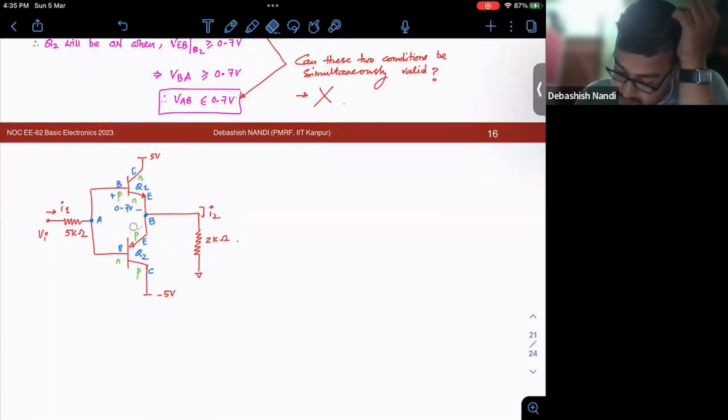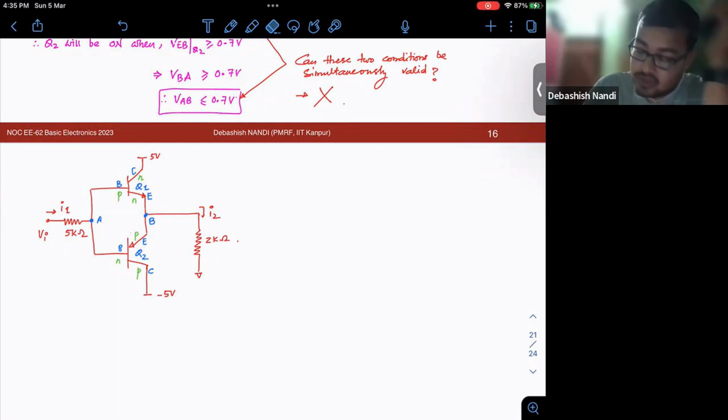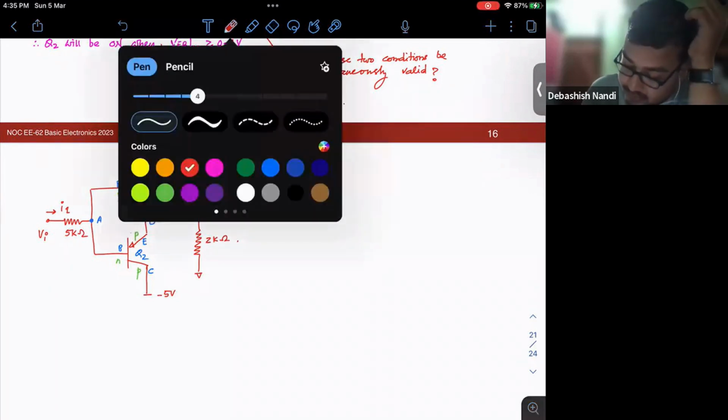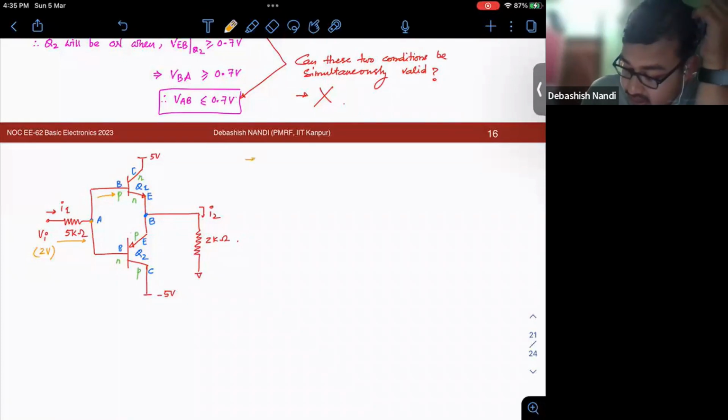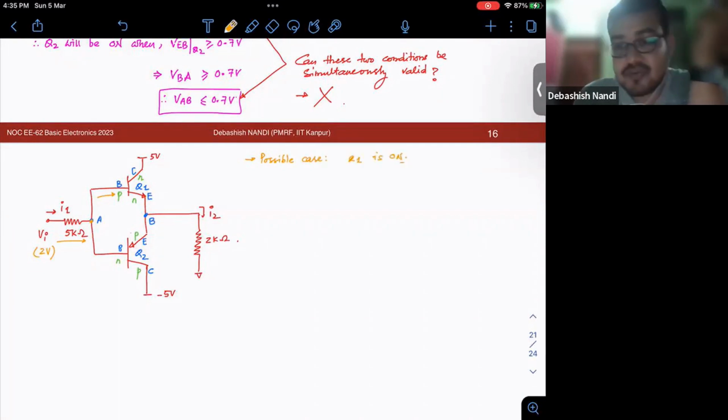If your Vi is 2 volt, what is the possibility of which transistor to be on? This is positive voltage, current is flowing in this way. So the possible case is Q1 is on. And from our earlier analysis, we can conclude that if Q1 is on, Q2 is off.